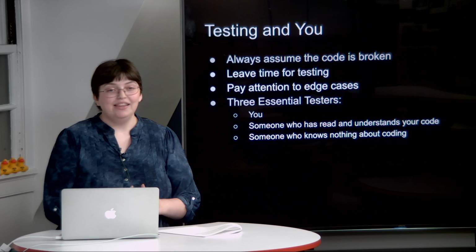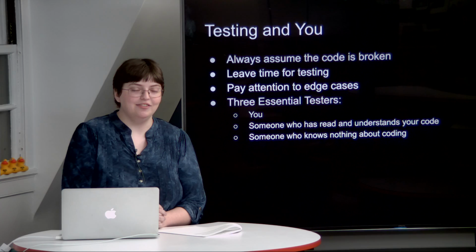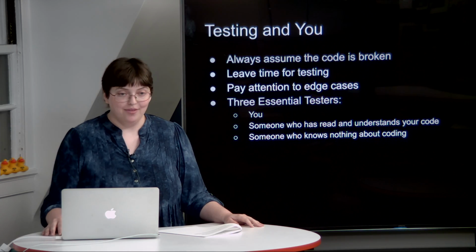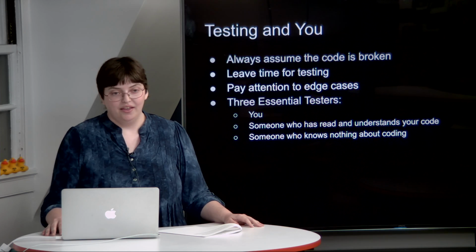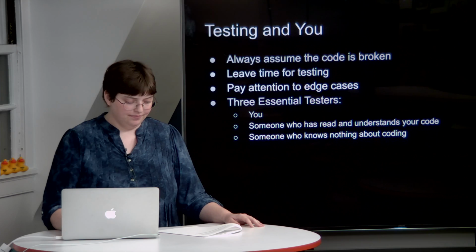And 3, a completely random person. Never underestimate the destructive inventiveness of random users. Tell this person nothing, just hand them the program and let them go to town. They will find bugs, and it will be to your benefit to fix them.